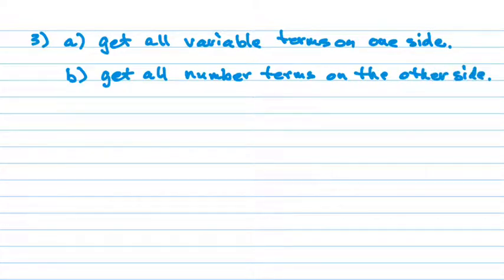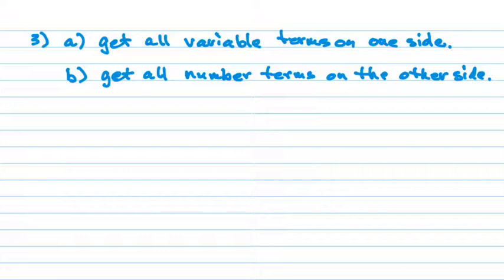Okay. All right. So get all your variable terms where? On one side. Get all your number terms where? On the other side, the opposite side. They need to be on opposite sides of the equal symbol. All right? Opposite sides of the equal symbol.